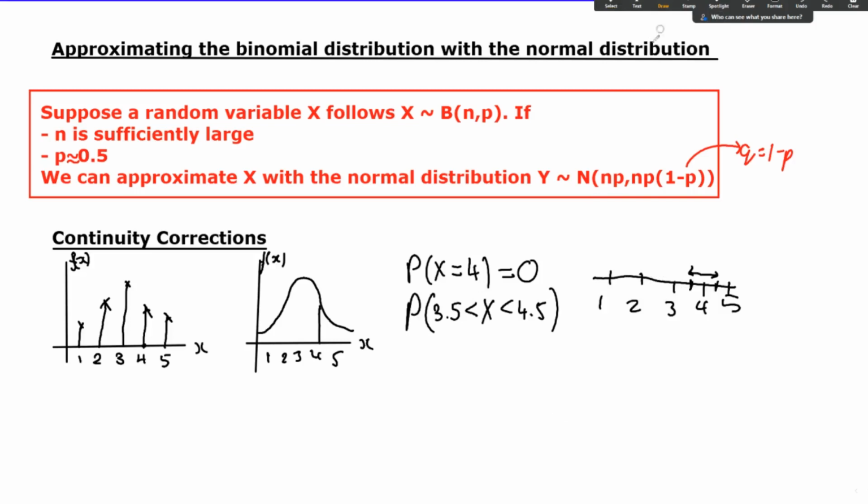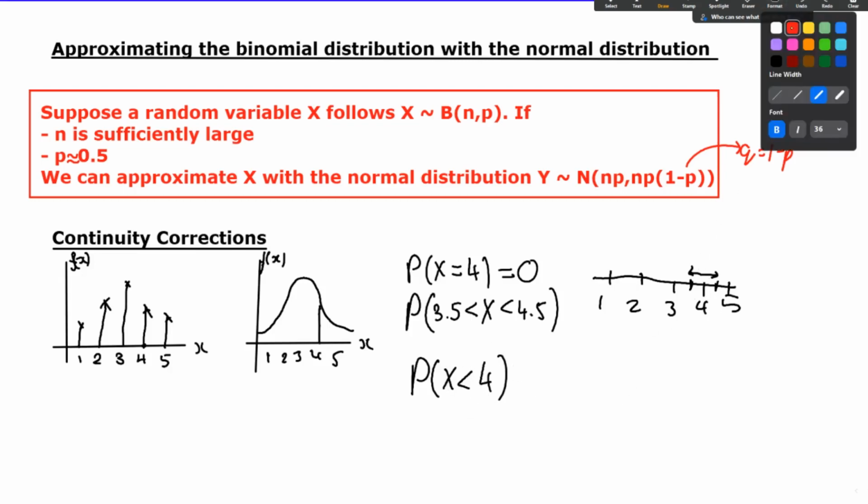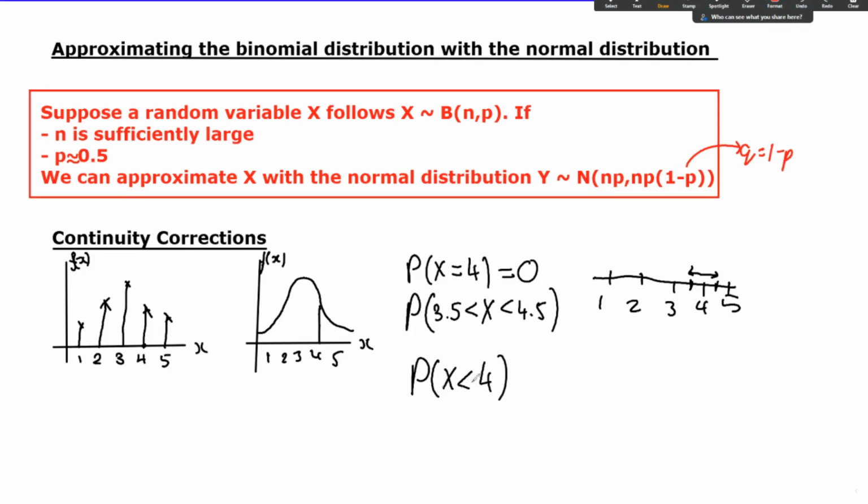But how does it work with CD, both less than or greater than, or less than or equal to? Well, I'll show you. Say X is less than, I'll keep it as 4 for now. If we think about the number line again, I'll do it in a different color. We want everything that's less than 4. Normally with a binomial, it'll be everything less than or equal to 3.